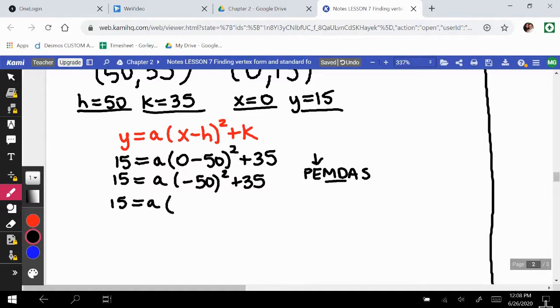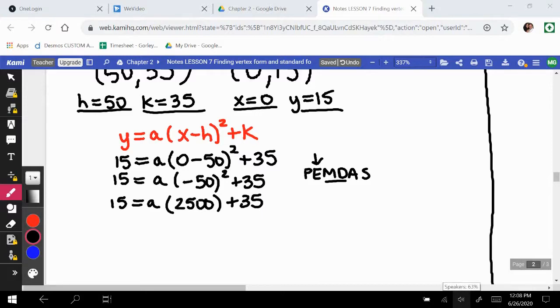Let me go ahead and square negative 50. If you're typing this into your calculator, make sure you put parentheses around negative 50. When you multiply negative 50 times negative 50, you should get a positive 2,500. Again, if you're squaring negative 50, you have to put parentheses around it in your calculator.